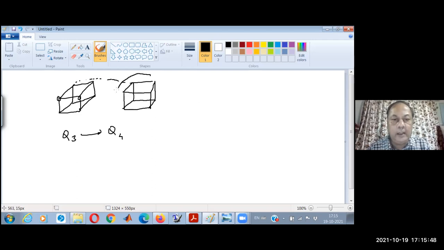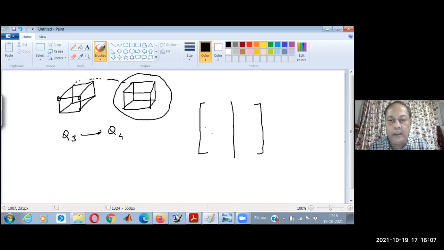as you can see, the top face is a Q2 and the bottom face is a Q2, and their corresponding vertices are joined. So this is one important matrix theoretic interpretation: if you have the adjacency matrix of Qn and you want the adjacency matrix at the next level, all you have to do is partition it into 4 parts.